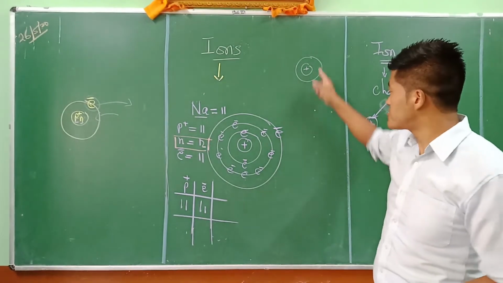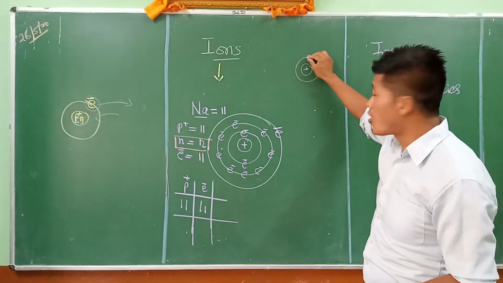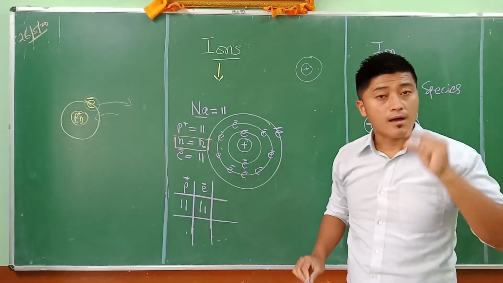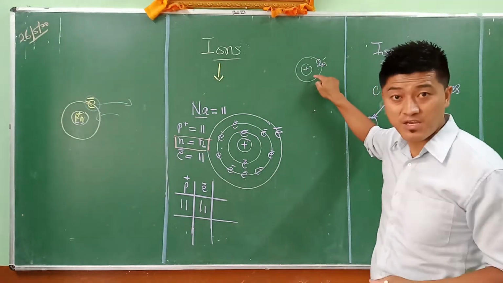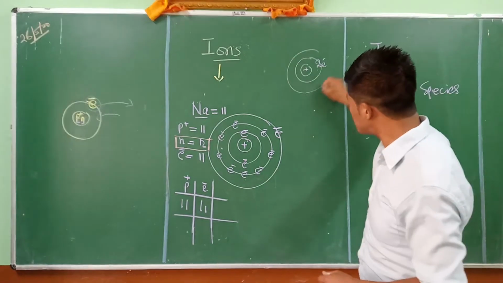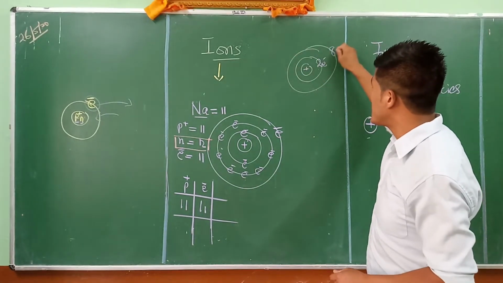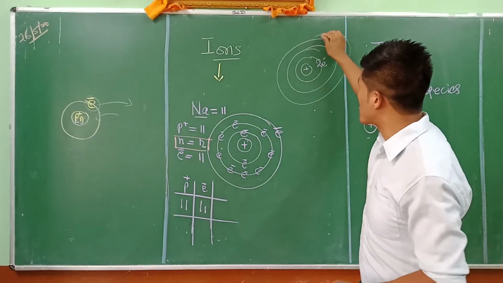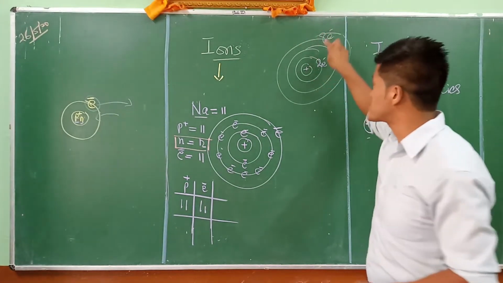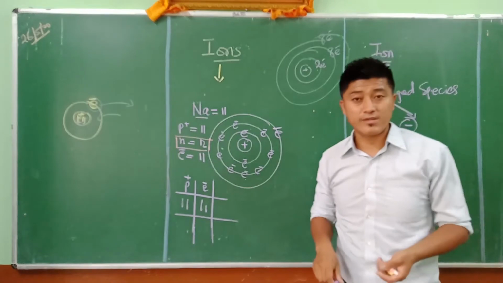In the first shell, an atom can accommodate, that means make space for, only 2 electrons. In the second shell, an atom can accommodate 8 electrons. In the third shell, it can also accommodate 8 electrons here. Now, this concept is going to change when you go to class 11 and 12.